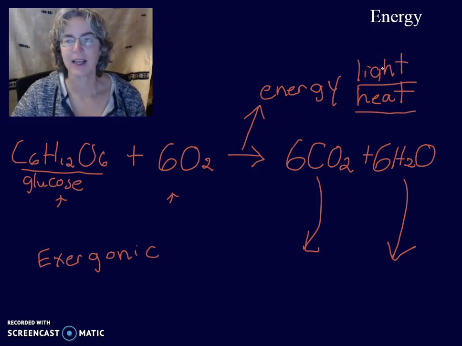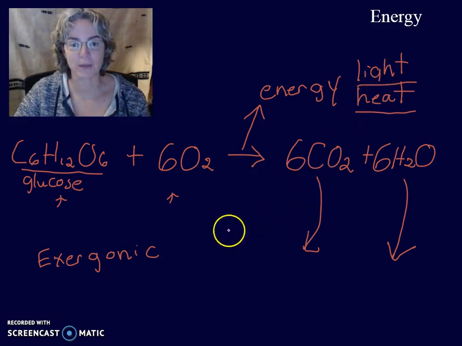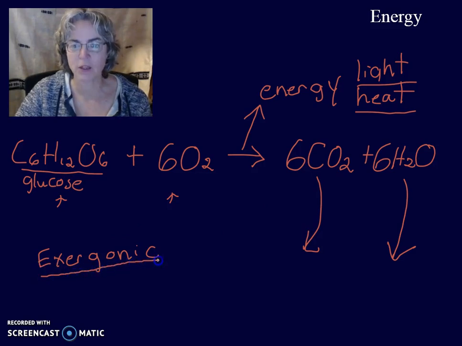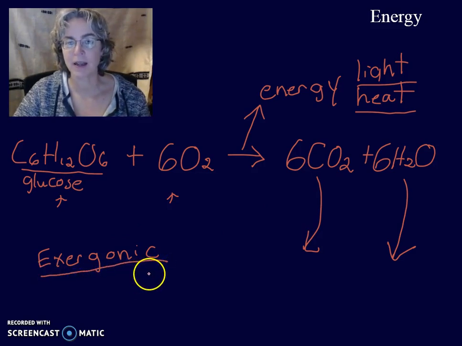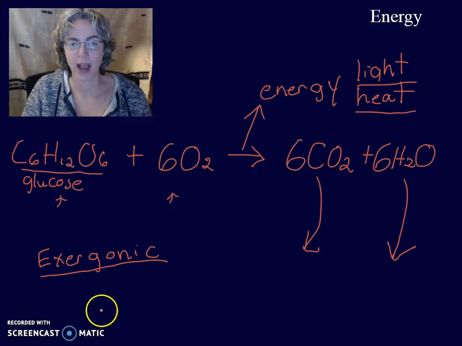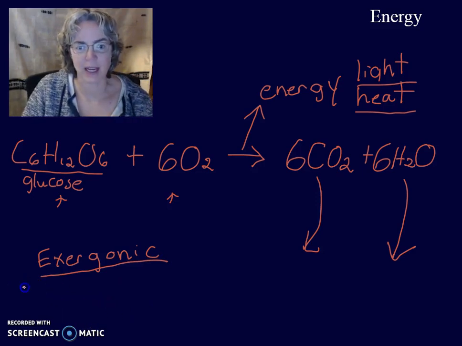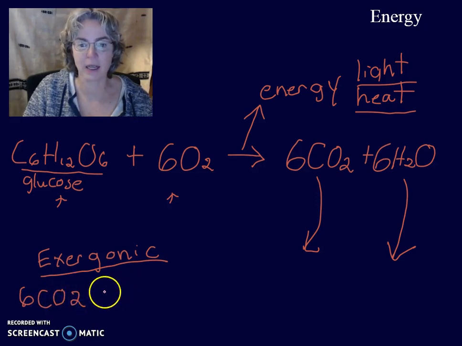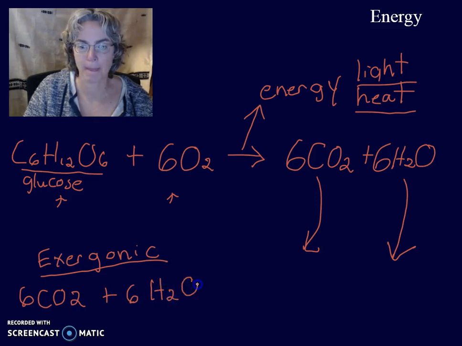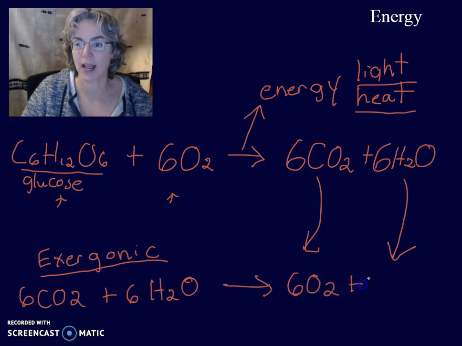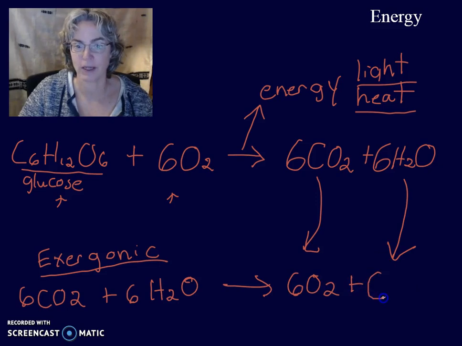Instead of that energy being released as light, the energy is being used to do work. So exergonic. Now the opposite reaction: 6 carbon dioxides plus 6 water is going to give us 6 oxygen molecules and our glucose again.